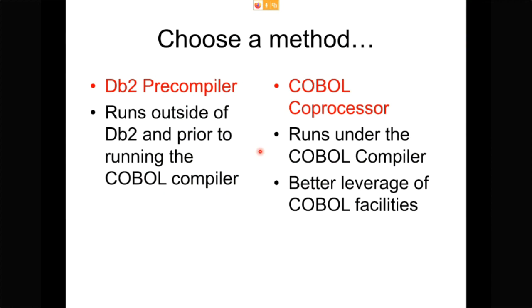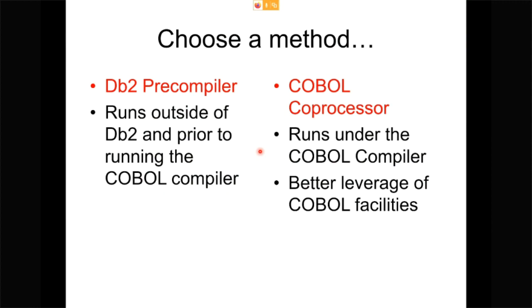The DB2 Precompiler runs outside of DB2, and it will parse the COBOL program and the SQL. It will replace the SQL statements with COBOL statements, and then the output of the Precompiler will be fed into the COBOL compiler.